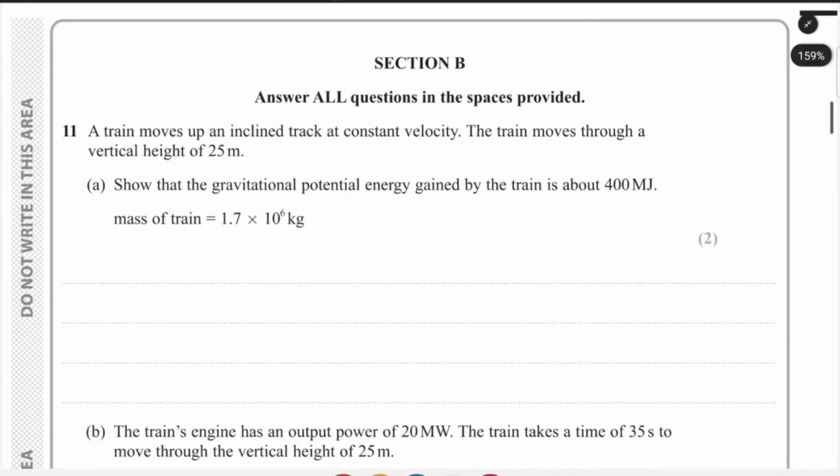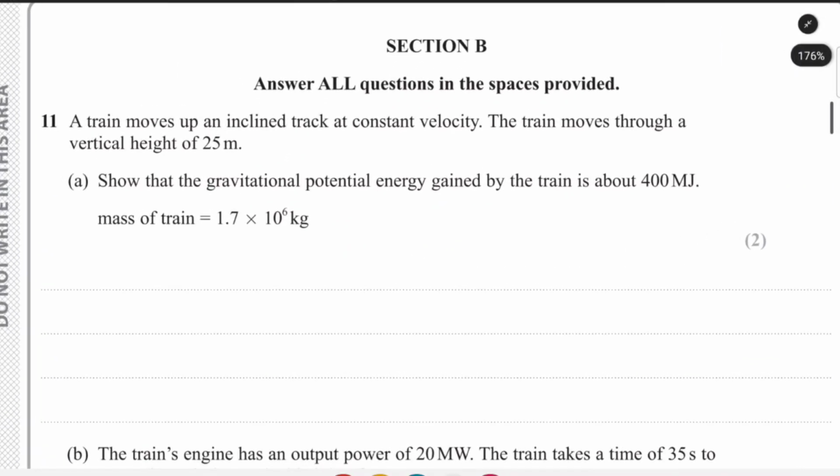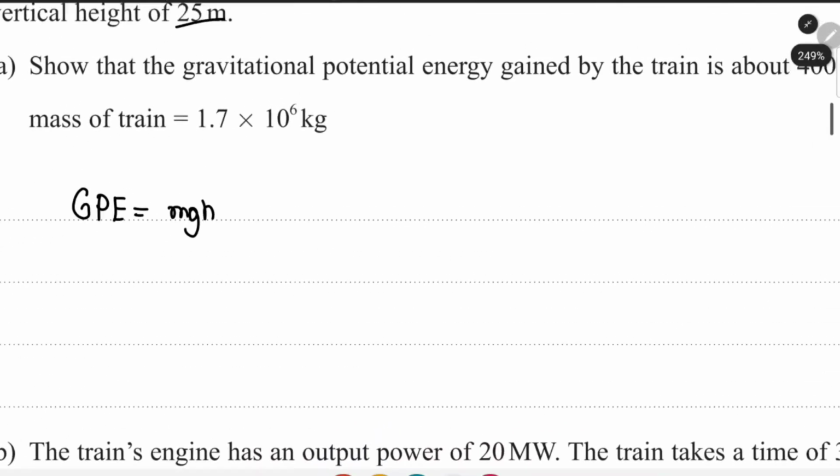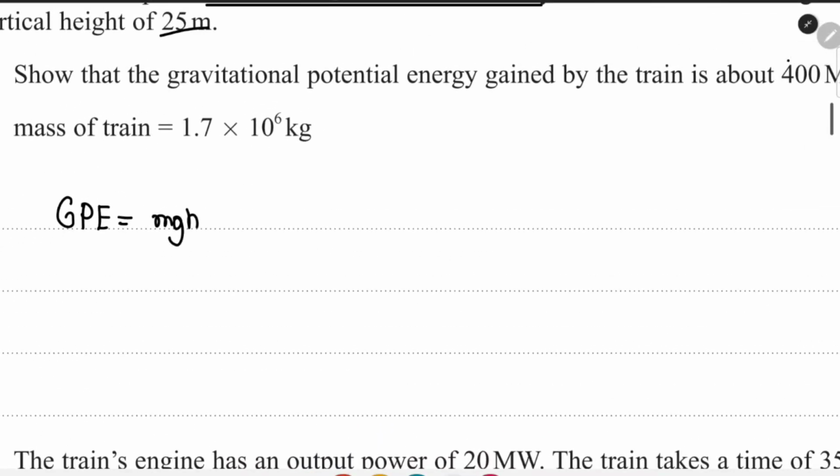Now for question 11, we are given that a train moves up an inclined plane at constant velocity, and it moves a vertical height of 25 meters, and we need to show that the GPE is about 400 megajoules. GPE is given by the formula mgh, mass into acceleration of gravity multiplied by the height you move.